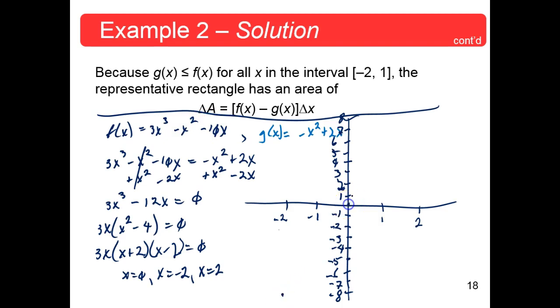And 0, 0 is going to be there. 1 will be pretty easy. Let's do that one. That would be 3 minus 1 is 2, negative 1. Wait a minute. It would be a negative 3, minus 2 is minus 6, plus 10, so it goes up to plus 4.